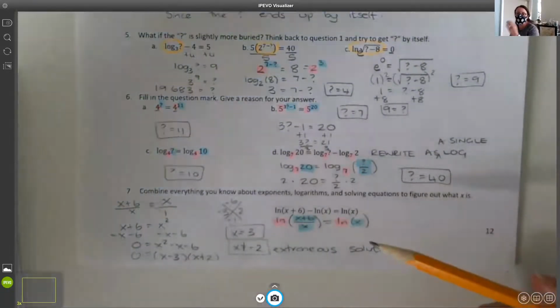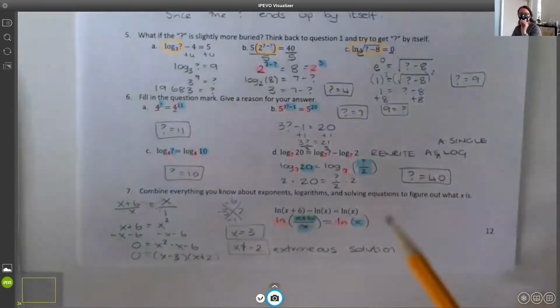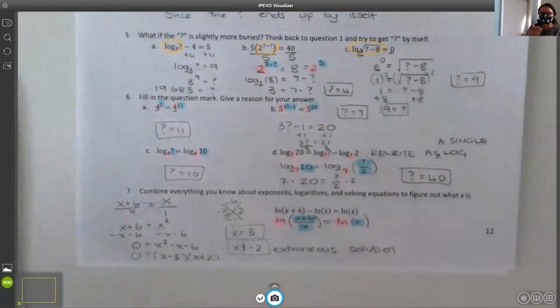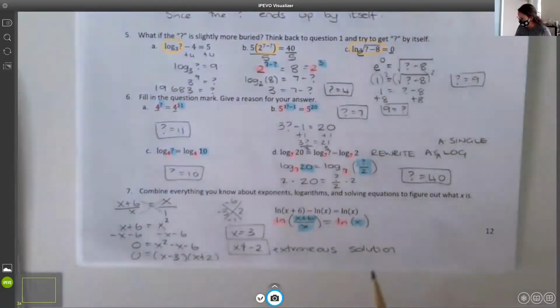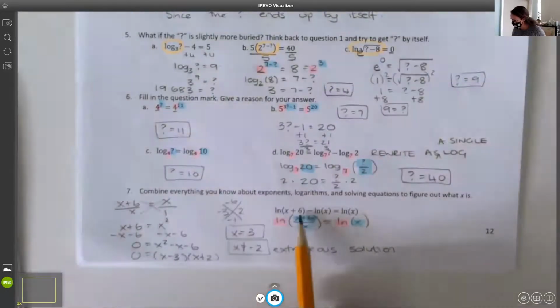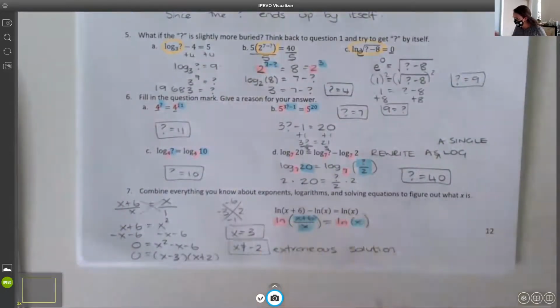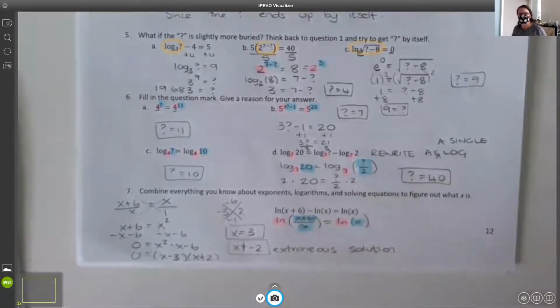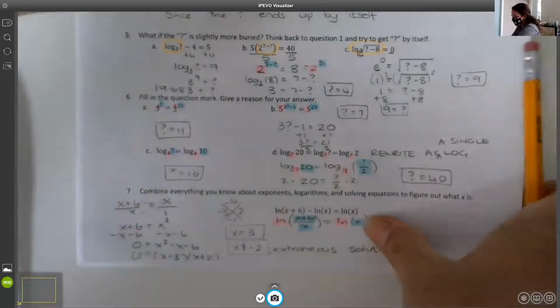So there are certain equations that have restricted domains, like square roots and logs, that end up with extraneous solutions. So when you get your solutions, make sure that when you put them back into your original equation, you're not getting any negatives that you're trying to take the log of, because that's not going to work. Questions? All right, let's go on to the next page.